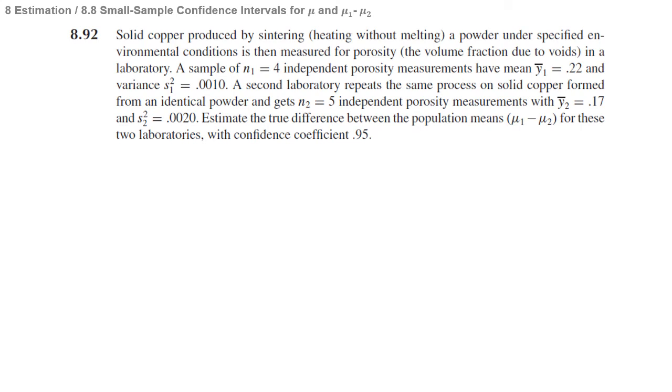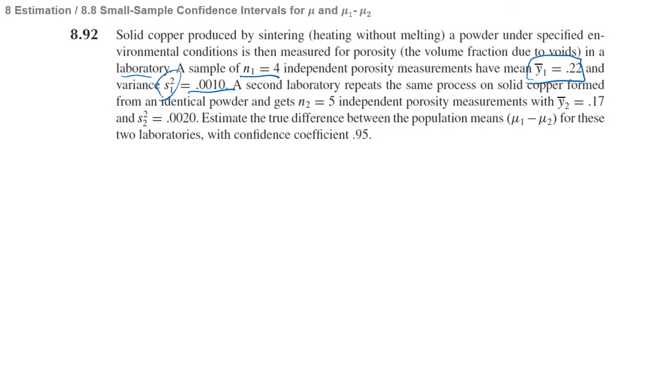Let's try to solve one more exercise problem, which is 8.92. Solid copper produced by sintering, heating without melting, a powder under specified environmental conditions is then measured for porosity in a laboratory. A sample of n1 equals 4 independent porosity measurements have mean y1 bar equals 0.22 and variance s1 square is 0.001.